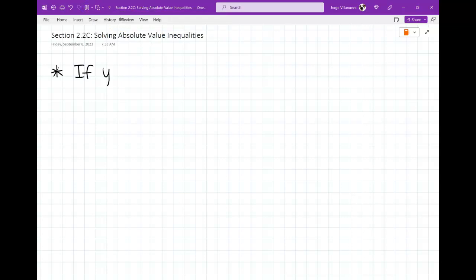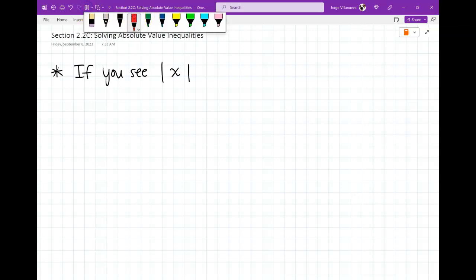So if you see the absolute value of, I'm just going to do x. I'm not going to put x minus 5 or anything, just an absolute value. And you see a less than or equal to, okay, one or the other. A less than or equal to some number.